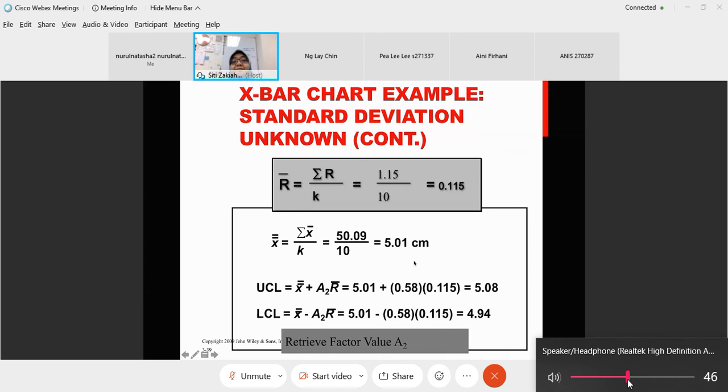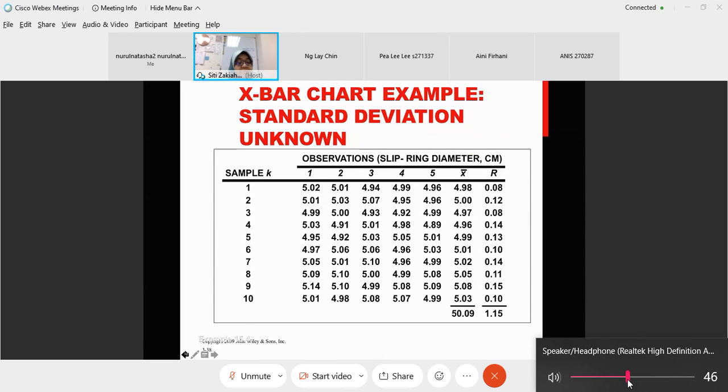Okay, the formula R bar is equals to summation of R over K. Right? K berapa? How many is K? I know it's 10, but where is it? Okay. K is 10. Right? Maybe 10 days or 10 weeks, I don't know.